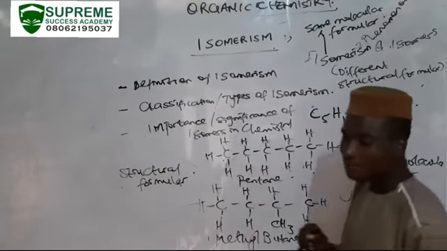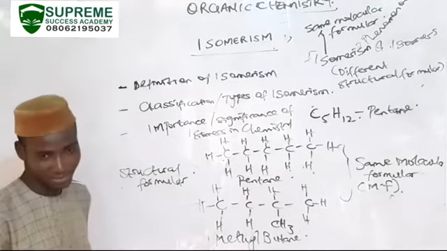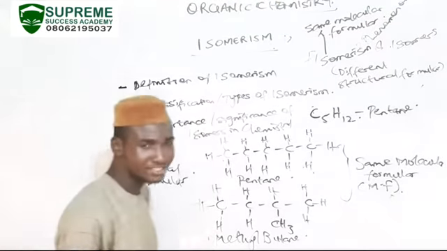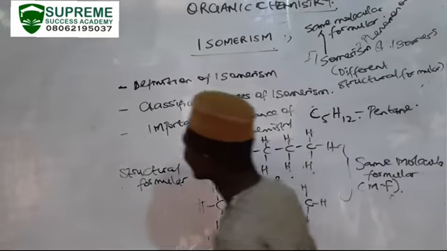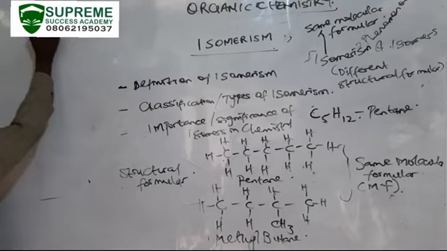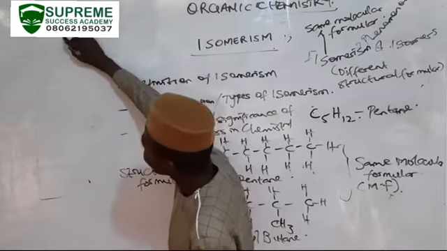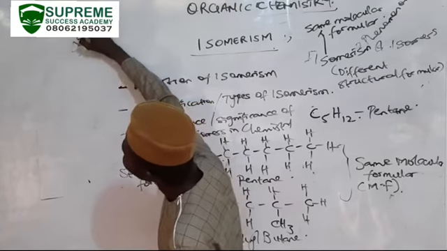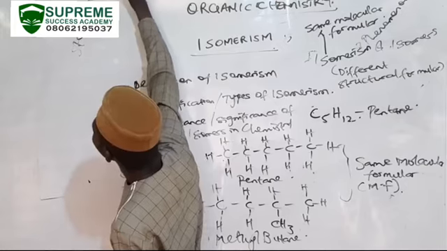One, it can be due to a difference in the spatial arrangement. And when there's a difference in the spatial arrangement, we say such a type of isomerism is referred to as geometrical. It's referred to as stereoisomerism.